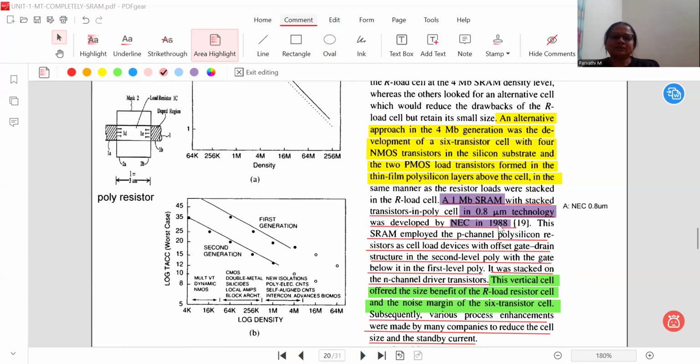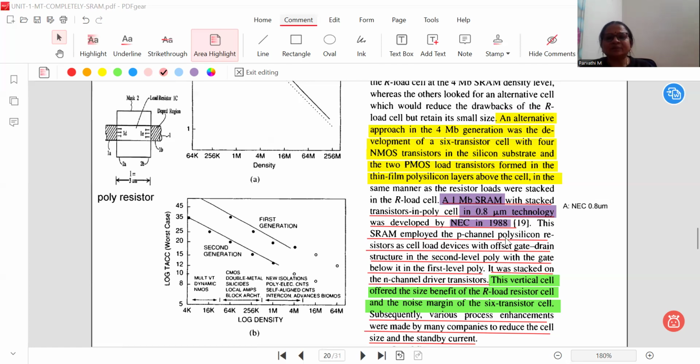See here in the advanced memories, the companies and the types of memories we are discussing. Here I mentioned a name, ABC. I have given a name in such a way that it is the company that developed it: NEC in 1988 developed a 1 megabit SRAM with 0.8 micrometer technology, in which PMOS polysilicon was used for the load devices.